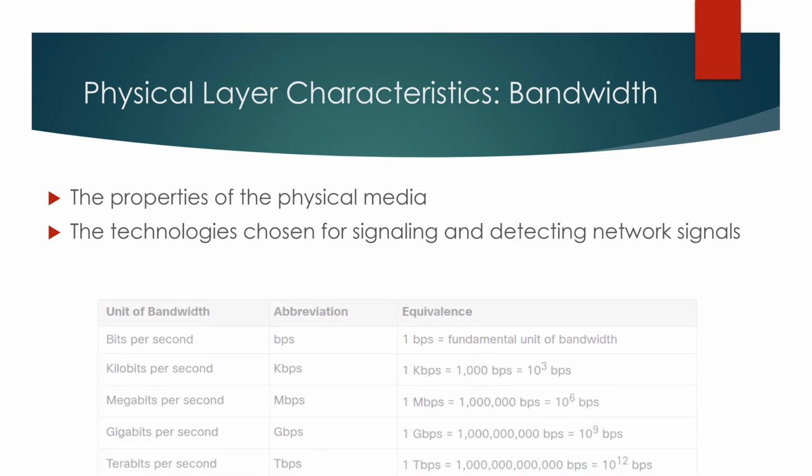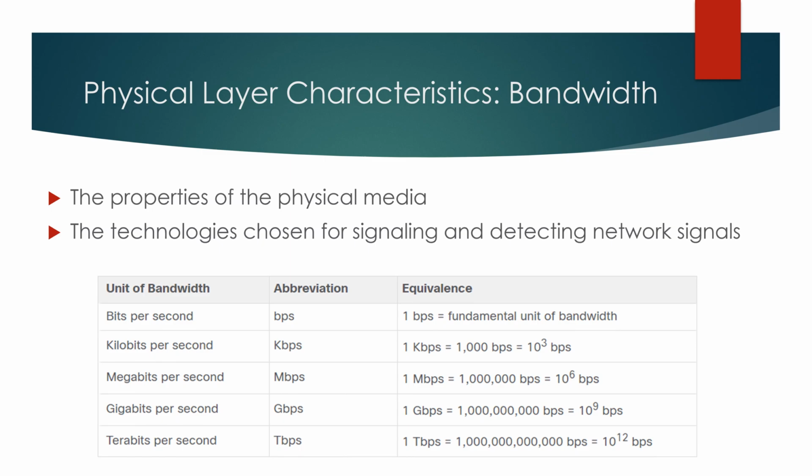And in this table is shown the commonly used units of measure for bandwidth. We have bits per second, kilobits per second, megabits per second, gigabits per second, and terabits per second. And it even explains the equivalence in bits per second for each unit.